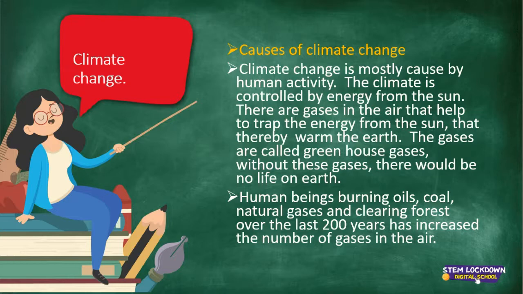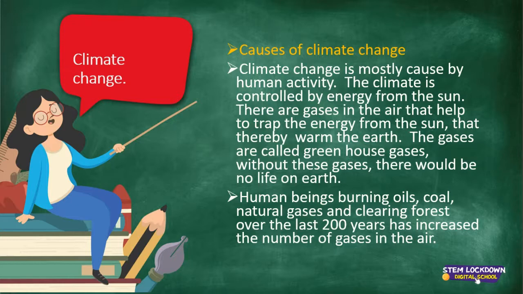So the climate is controlled by energy from the sun. The universe is a masterpiece. Earth takes care of itself, everything is in its place. So everything about our weather is controlled by the sun, unless we do something to change the way that the sun operates and the way that gases operate.